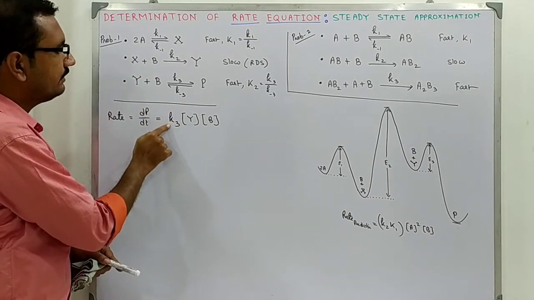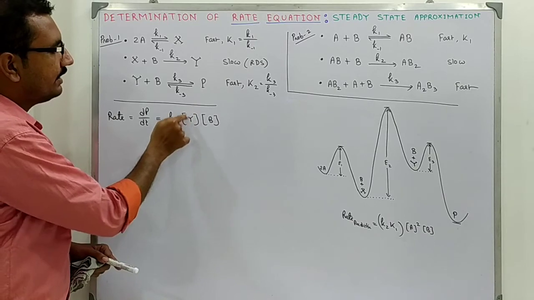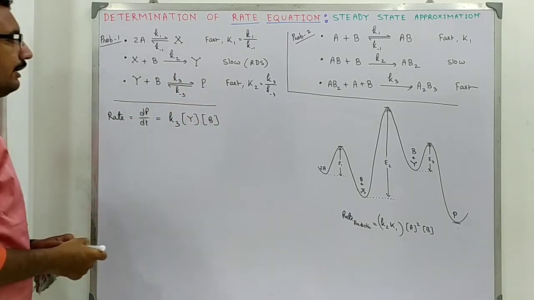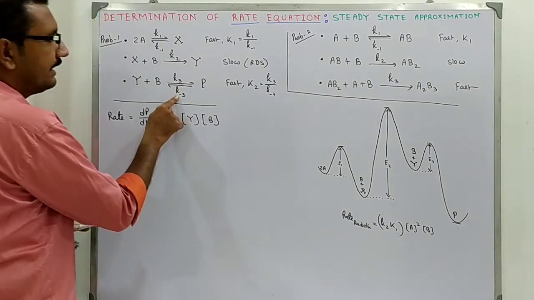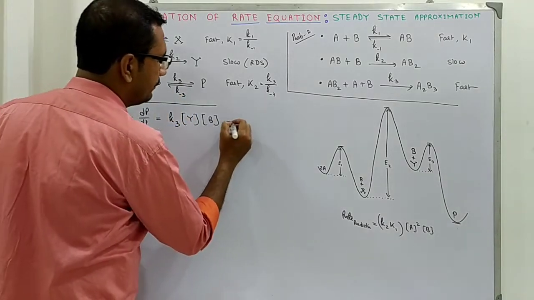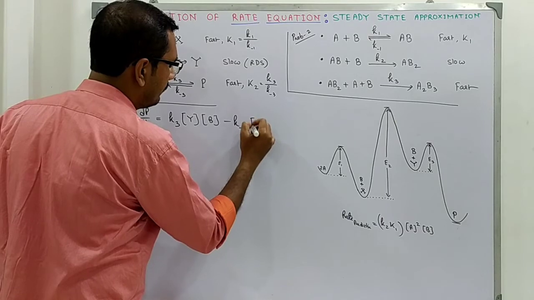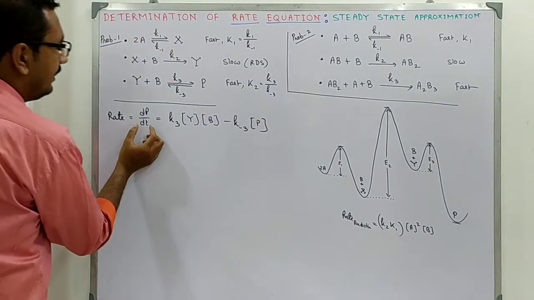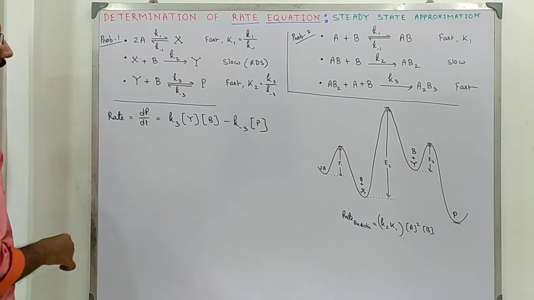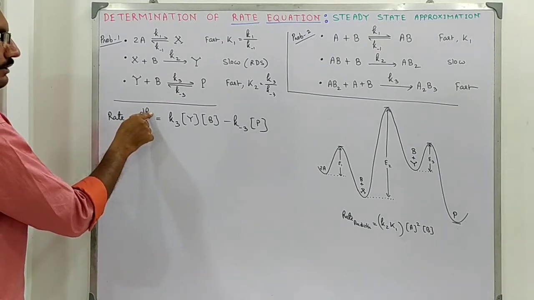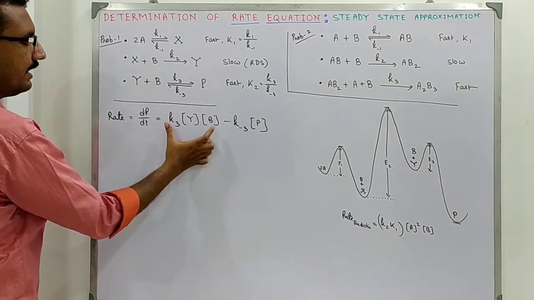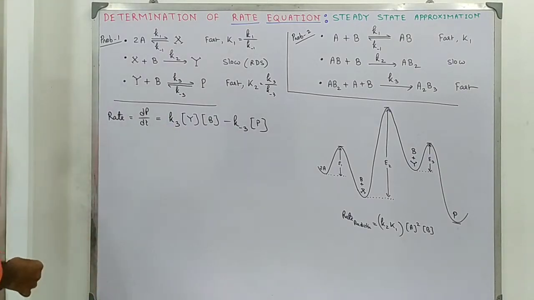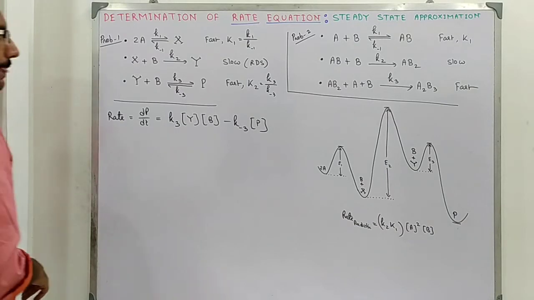So it is given by K3 into [Y] to the power 1 into [B] to the power 1. Now, P is getting lost by K minus 3, so it will look like this. This is the actual rate of formation of the product. P is gained in the forward direction and it is lost in the backward direction. So this is the rate.